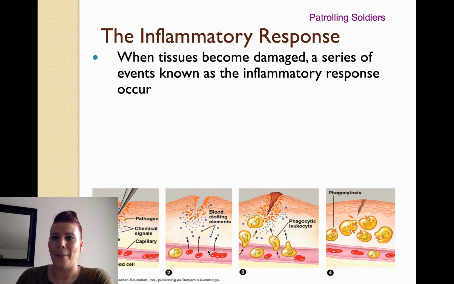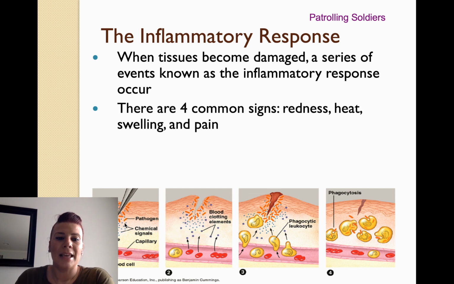So what really happens with the inflammatory response? Let's say in this image, you get a splinter. I don't know, I'm just making this a splinter. And the tissue gets damaged. It sets off a series of events known as the inflammatory response. So they're going to pick up these chemical signals and say, hey, that's not supposed to be here.